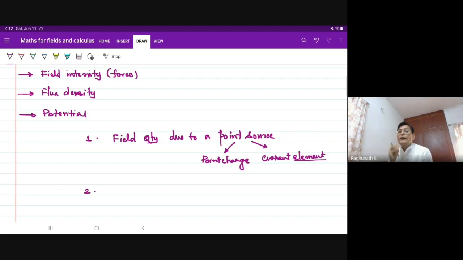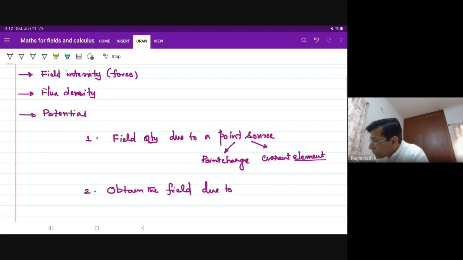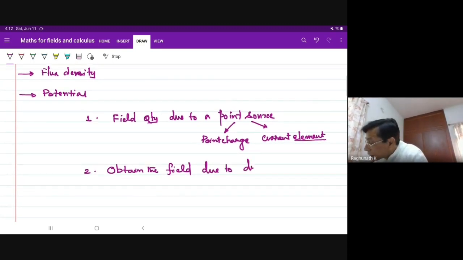First, we define the field quantity due to a point source in the form of mathematical expression. Next, obtain the field due to distributed source.